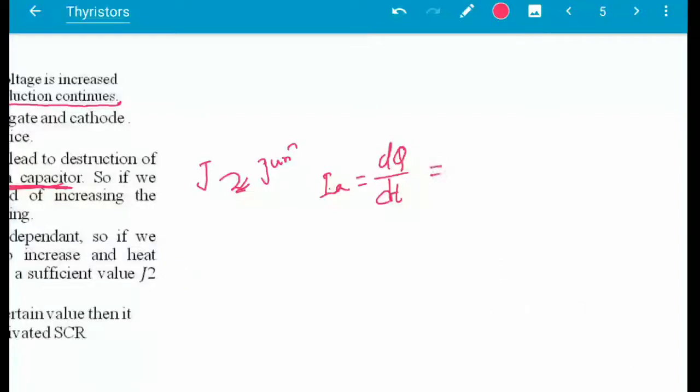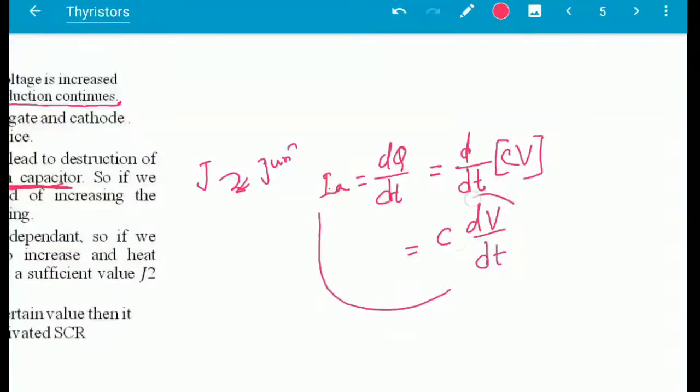And charge, in terms of capacitance, is CV, that means capacitance into voltage. And what is the capacitance? This is junction capacitance and the voltage applied. So as junction capacitance is constant, it will be C dV by dt. That means current is directly proportional to the rate of change of voltage.